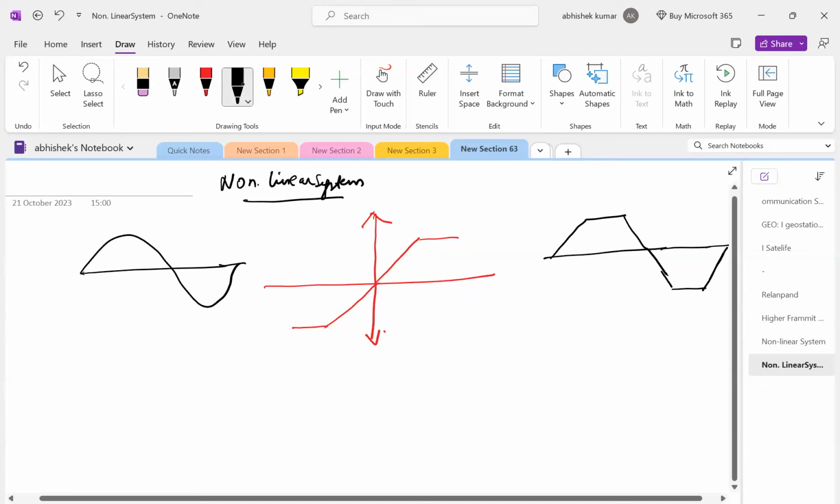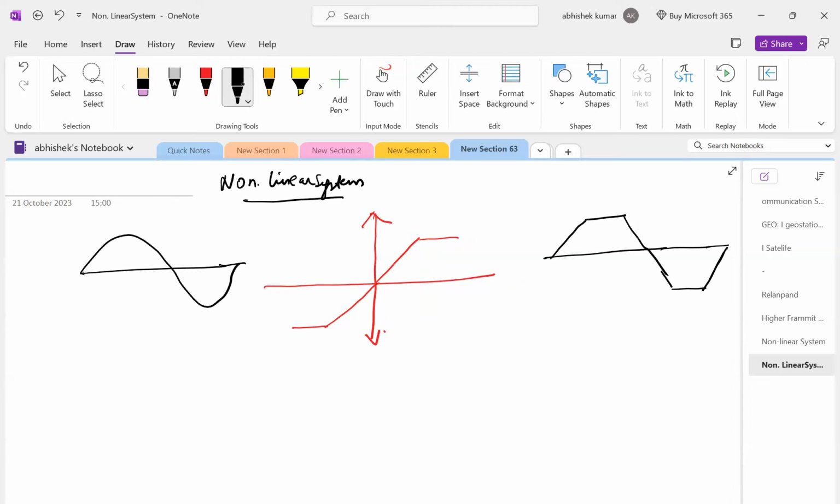You can see if our system is non-linear, we are getting the output in this form, a distorted output. And here the output is not proportional to the input voltage every time. This is the non-linearity. You can observe that we have clipping of the signal and the signal is being distorted.